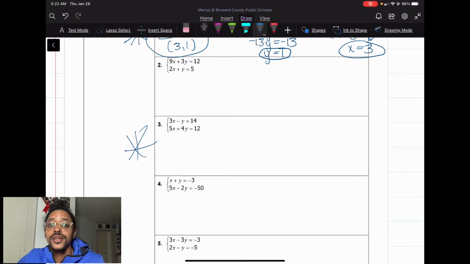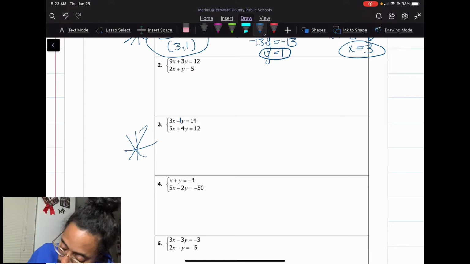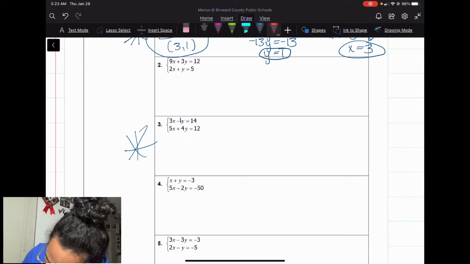So looking at the first equation, the y is -1, and in the second equation, the y is +4. I can turn that -1 into a -4 by multiplying by 4. So with that first equation, I'm going to multiply the whole first equation by +4.